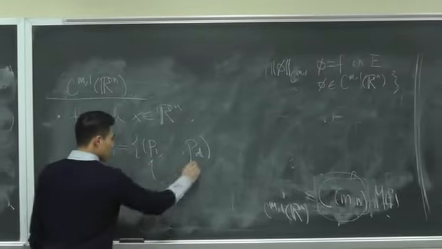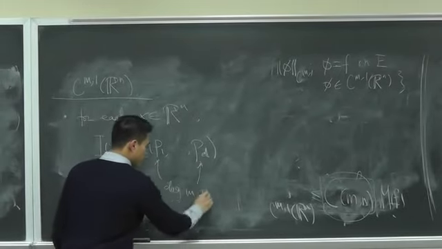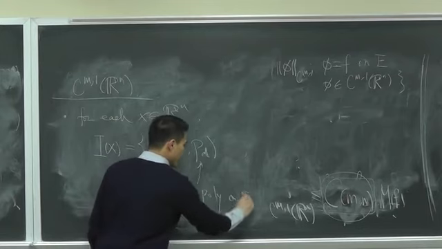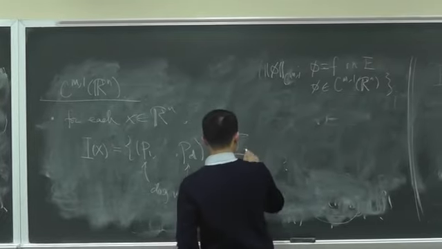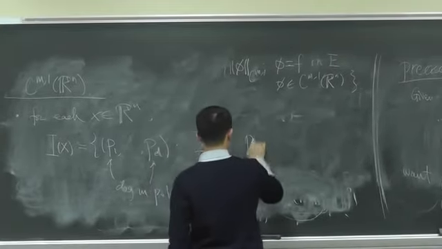It consists of d-tuples of polynomials of degree at most m on R^n, such that at the point x they satisfy the following equation. You can think of it as the kernel at the point x. I will tell you why you should look at this set.